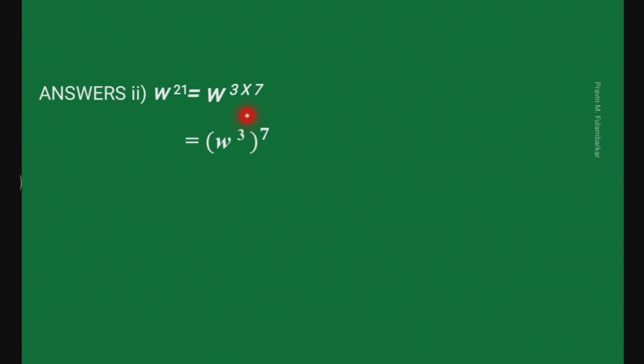So we write this as omega cube raised to the power 7. Again we use omega cube as 1, so we get 1 raised to the power 7, which again is 1. So omega raised to the power 21 equals 1.